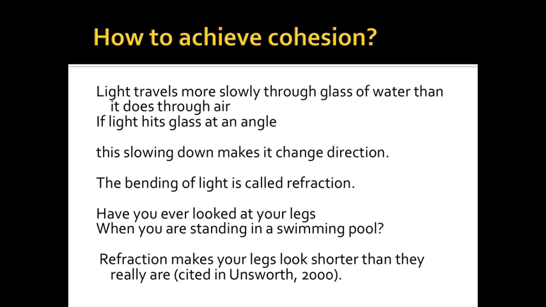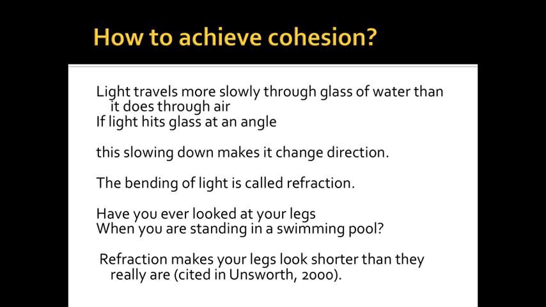So light is the theme and travels slowly is the rhyme. If light hits glass at an angle, this slowing down makes it change direction. This slowing down is the theme, and makes it change direction is the rhyme.